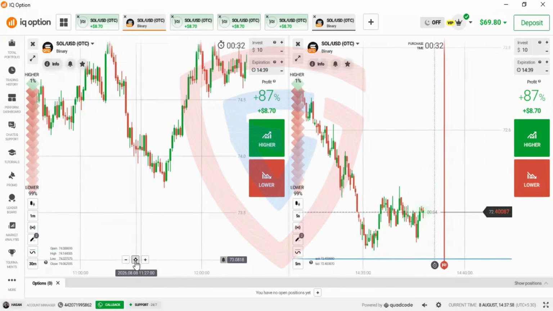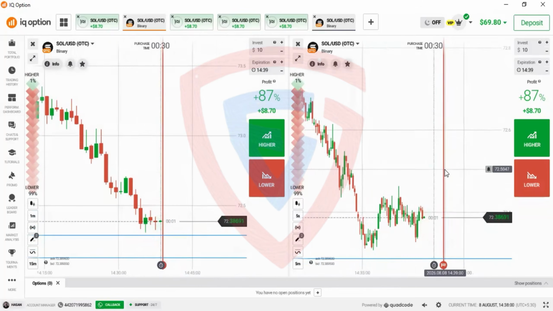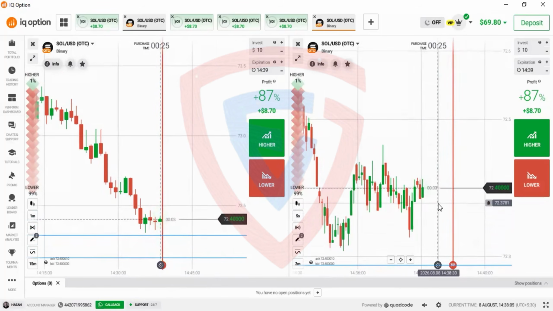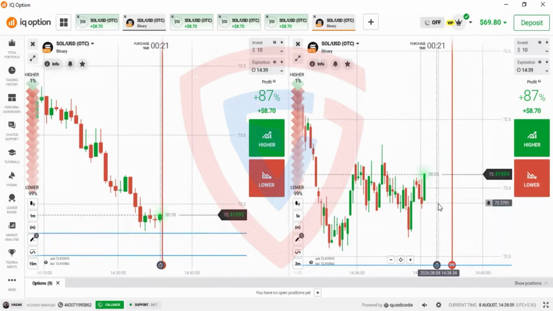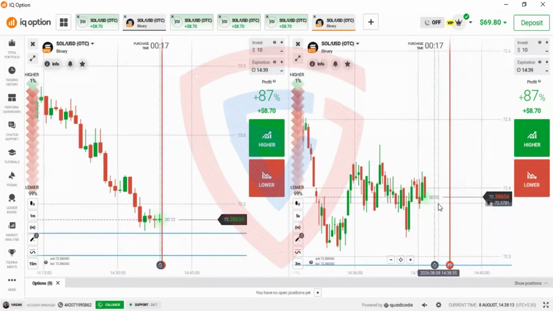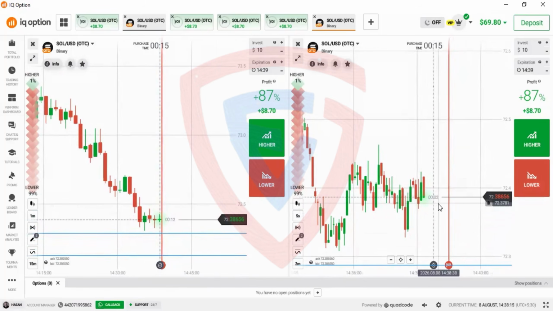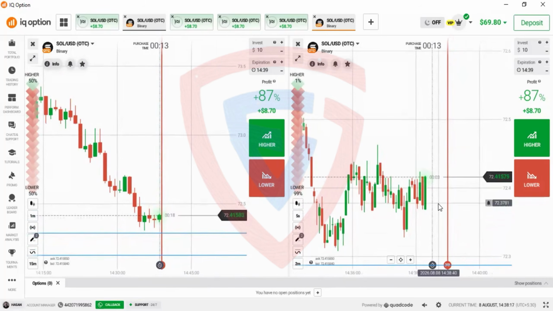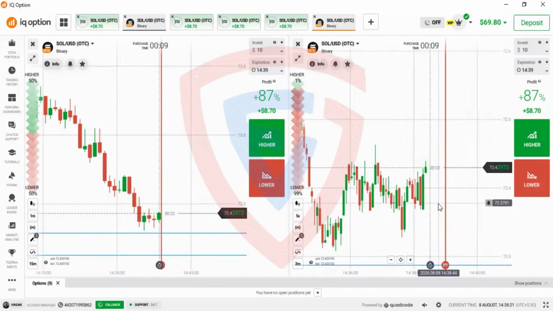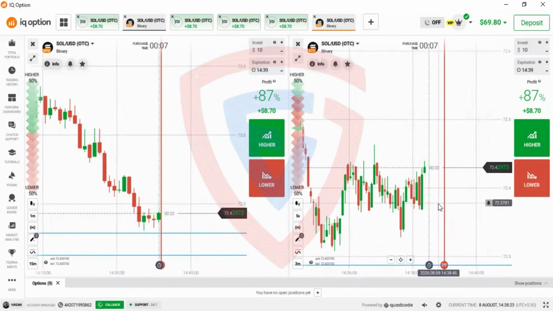So it is a level. So when the market comes to this level, I will get an opportunity. If you know how the market is moving, and if you know the right order block area, if you know where to enter, then it will give you winning trades, even in OTC also.